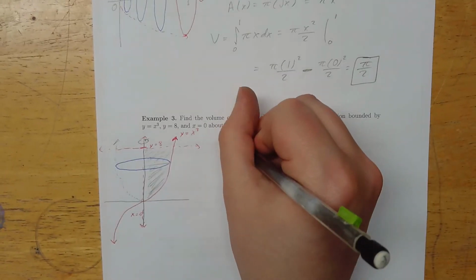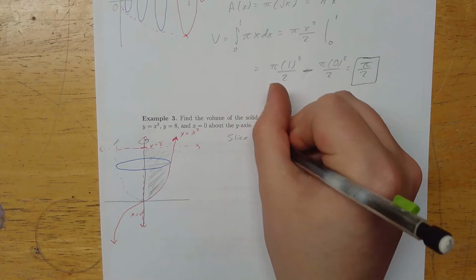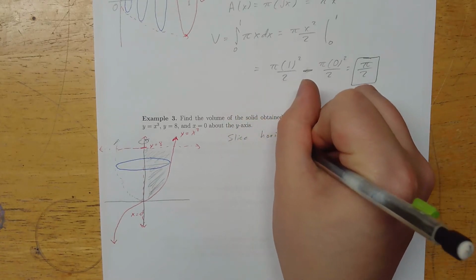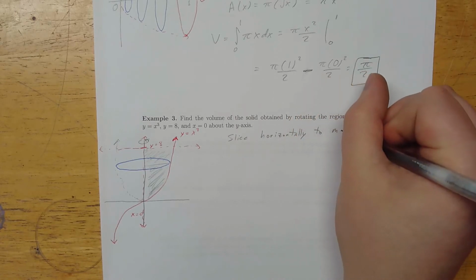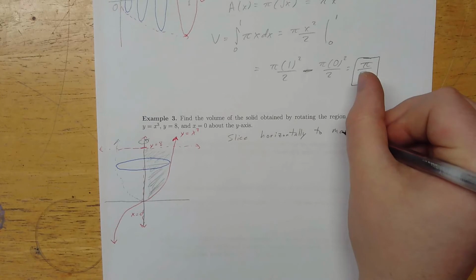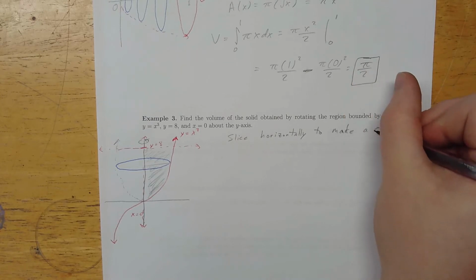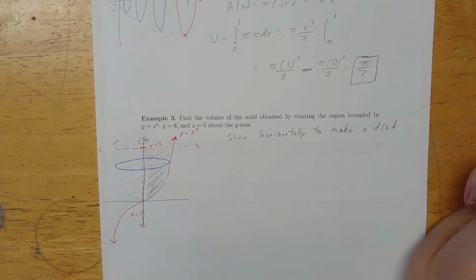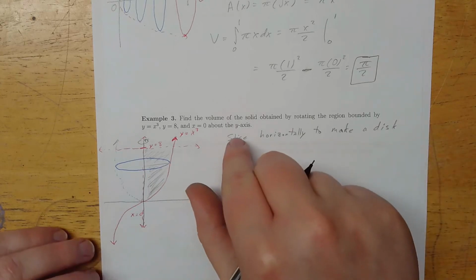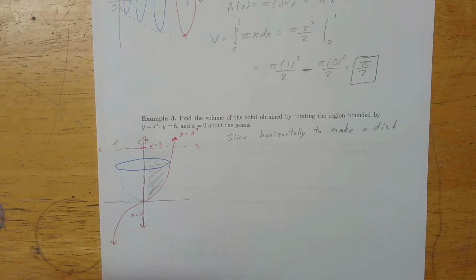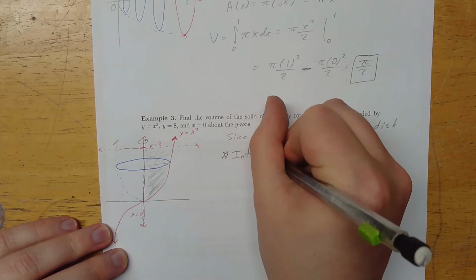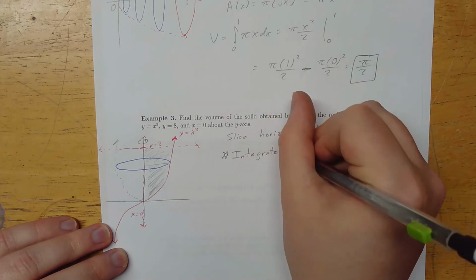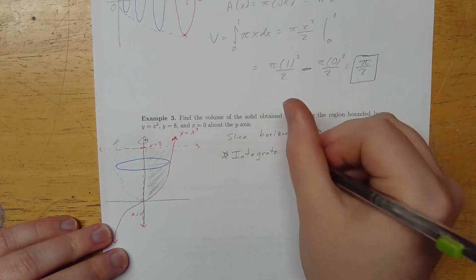So here we're going to slice horizontally instead to make a disk. And typically when we're rotating about the y-axis, this is what we will do. And this means that we will integrate in terms of y.